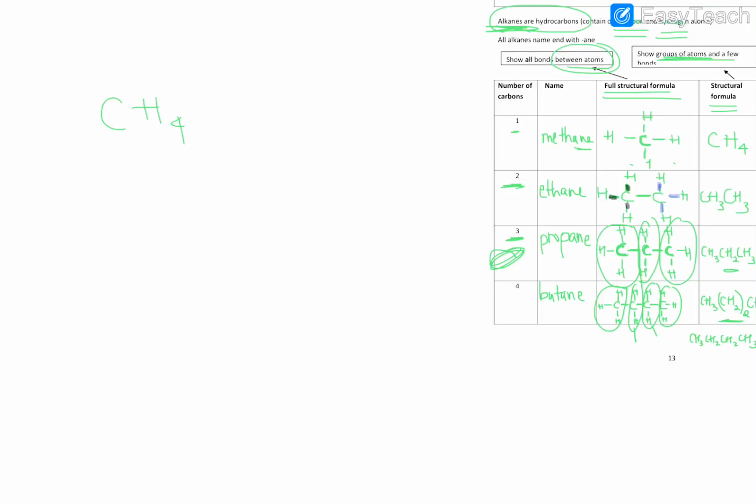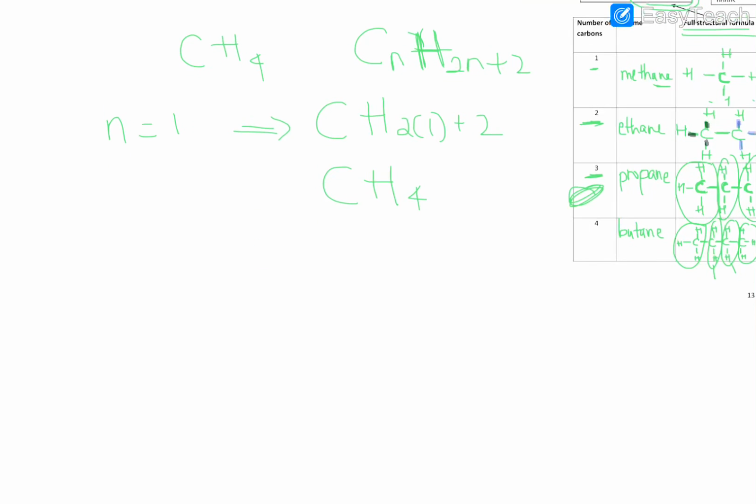So here number of carbon is 1. So CnH2n plus 2. That's the general formula for alkane. So in this case, n is equal to 1. Therefore, you end up with CH2 times 1 plus 2. Do the math. So 2 times 1, 2 plus 2, 4. So that's the first member.